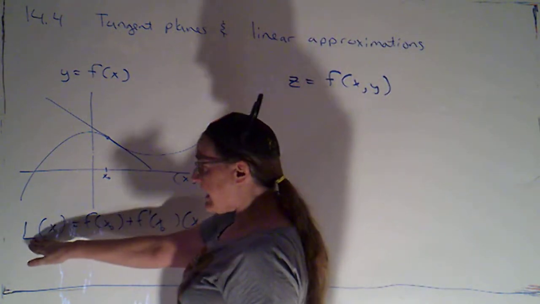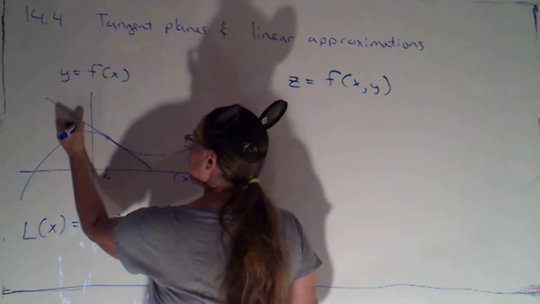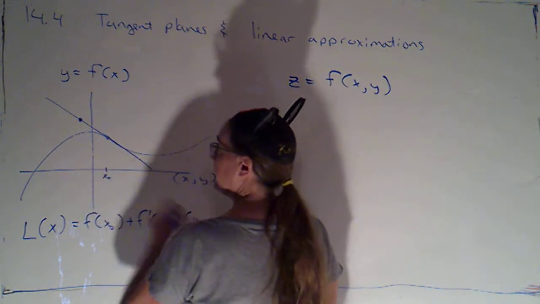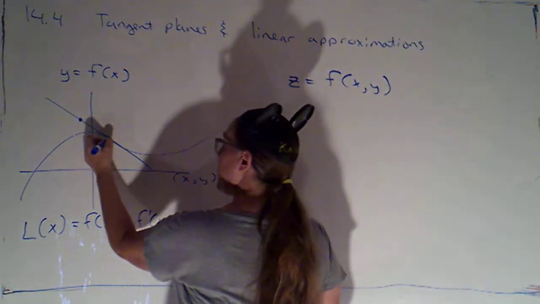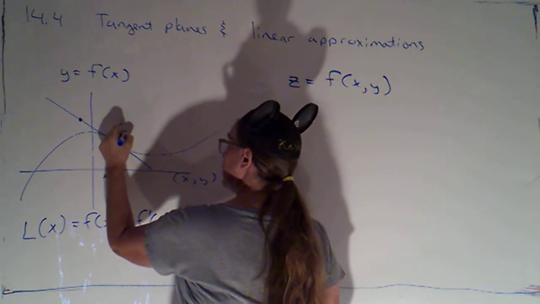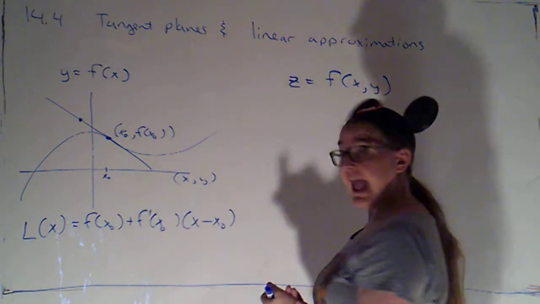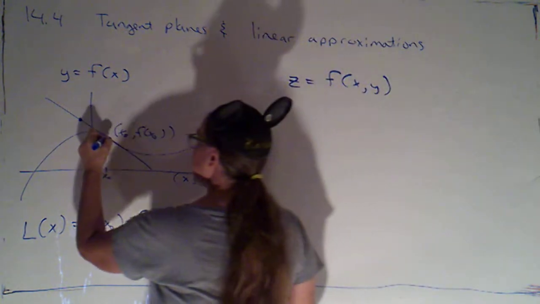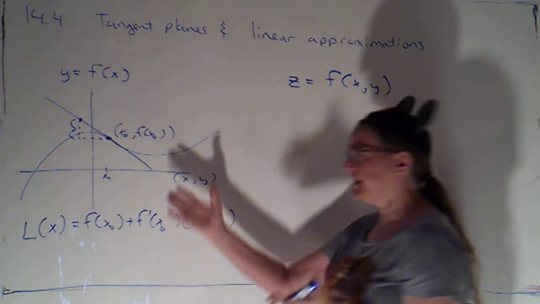Notice what this is saying is that the y value of a point on the line, let's say we're talking about here, that y value there I'm going to get by taking the y value that I have here. That's my f of x naught, and I'm going to add something to it. And I can see that what I'm adding to it right there is the rise.